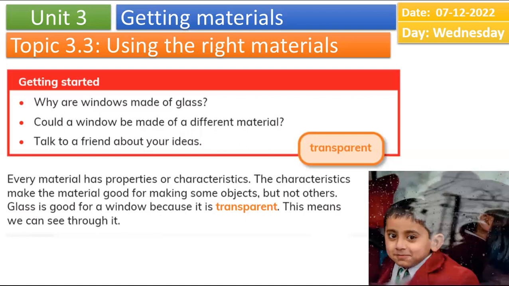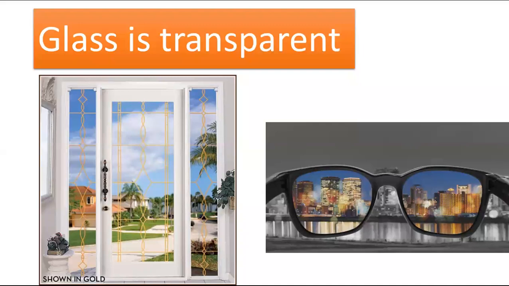So let's look at this example. The glass is transparent. Can you see this house? This house has a window and a door. This window and door are made of glass. So glass helps us to look outside, but the wood will block.